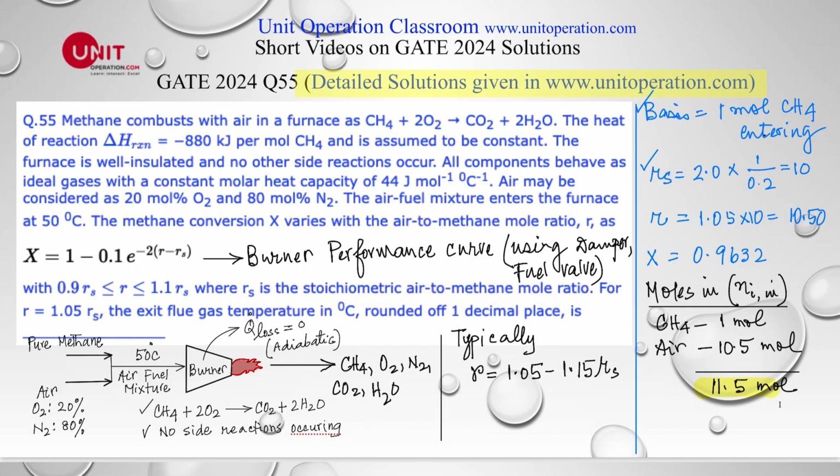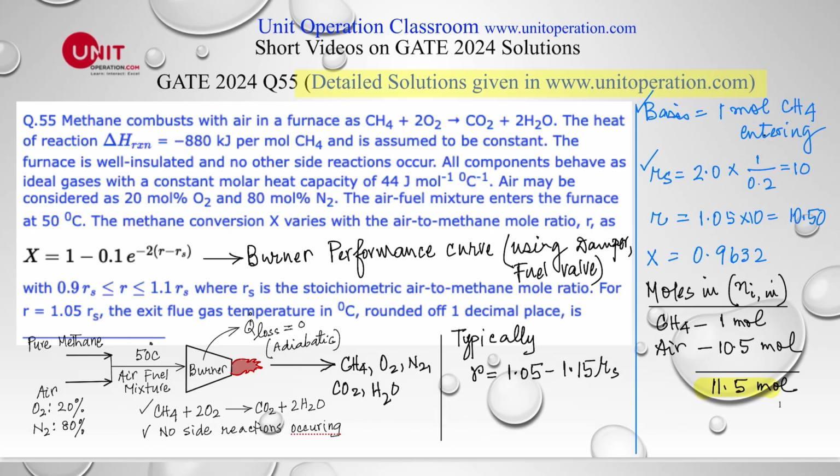The stoichiometric oxygen to methane ratio is 2, and this is 1 mole of air per 0.2 mole of oxygen. Therefore, the stoichiometric air to methane ratio is equal to 10. That is 2 moles of oxygen per mole of methane, times 1 mole of air per 0.2 mole of oxygen, which makes it 10.